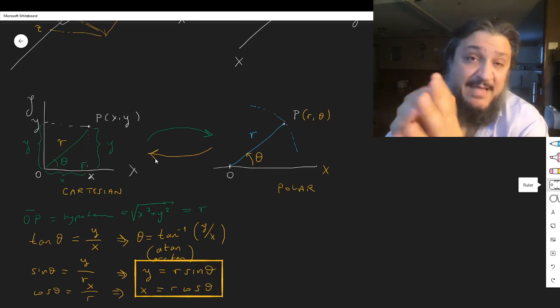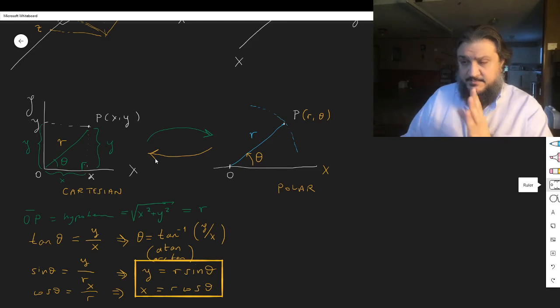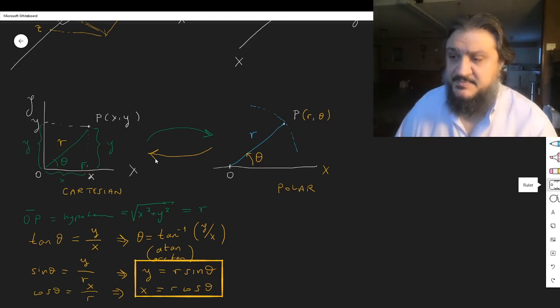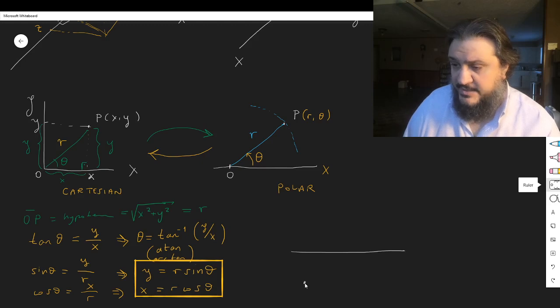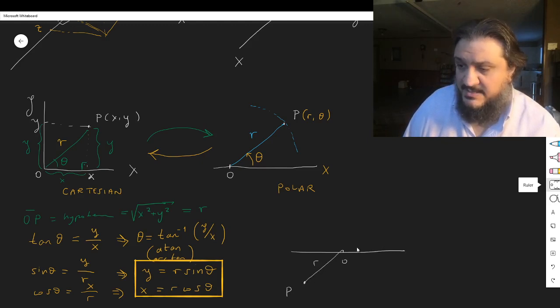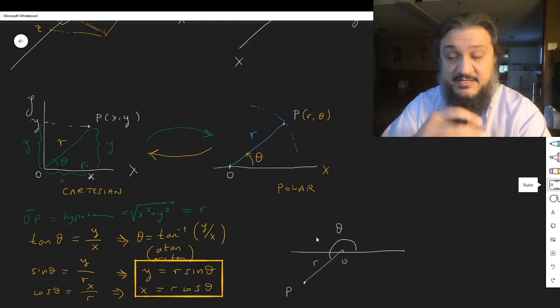you've got to be careful with the angle, all right? In this view, the angle is measured from the x-axis. So if we're talking about a point over here, P, where your 0 is over there, imagine the line that joins O and P, that is your r, yes, but the angle is now this angle, an angle greater than 180 degrees.